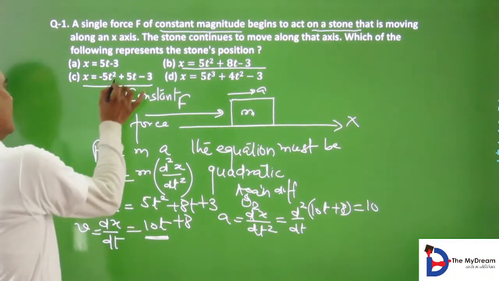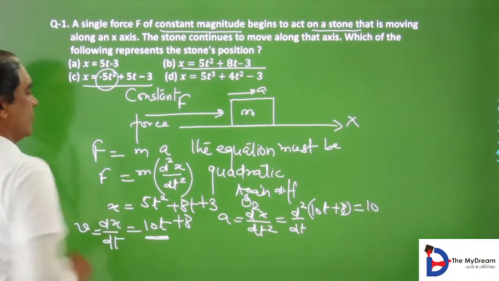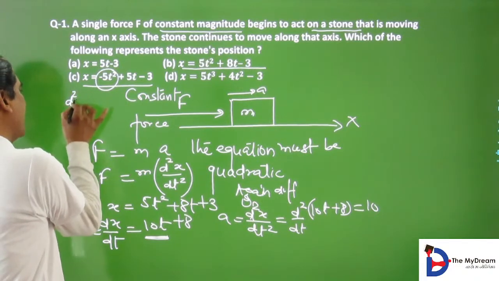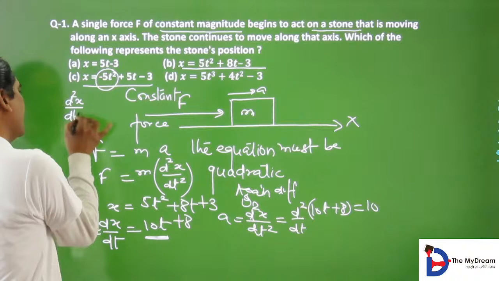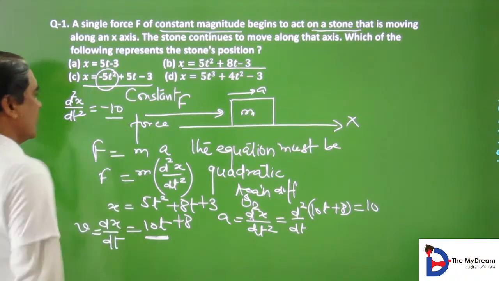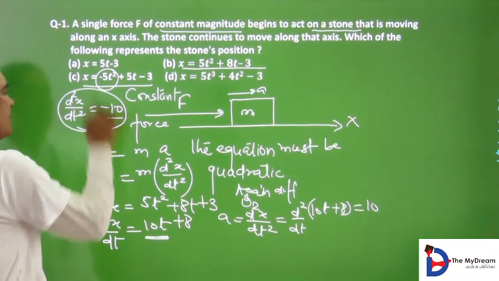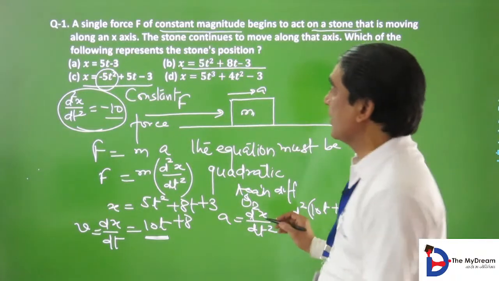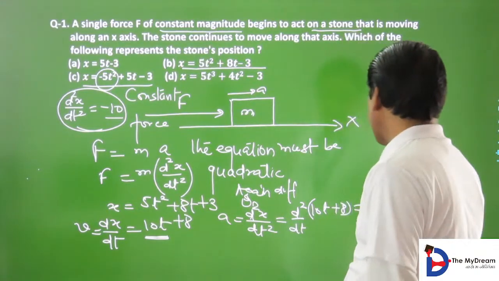Whereas for the other equation, d square x upon dt square is minus 10, which shows the retardation, where this one shows the acceleration.